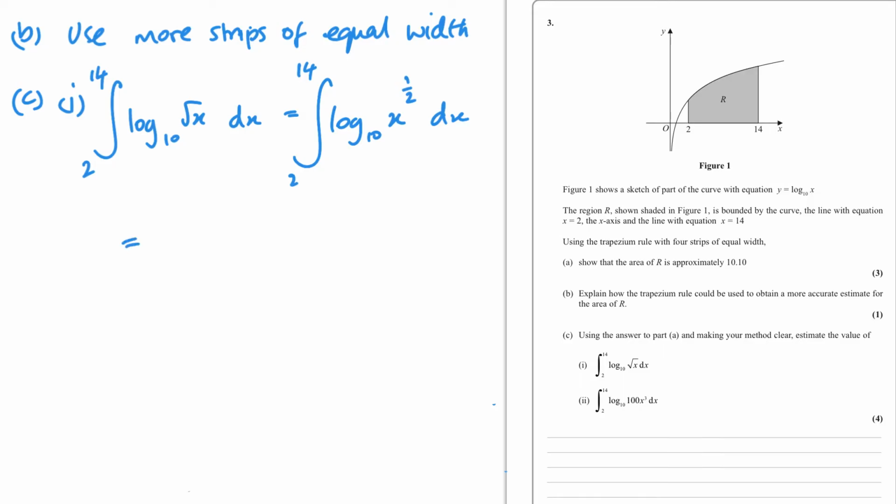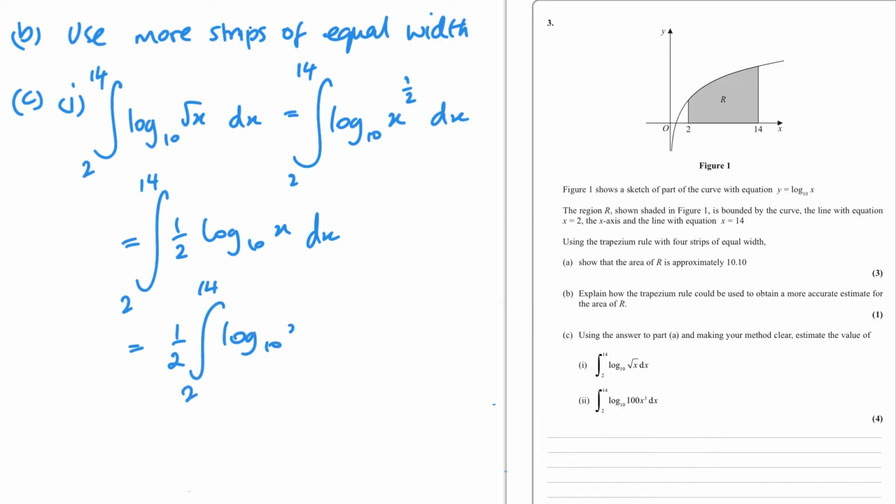And that in turn can be written as a half log x to the base 10. And remember that if I have a constant, I can take that outside. So half times the integral from 2 to 14 of log of x to the base 10.